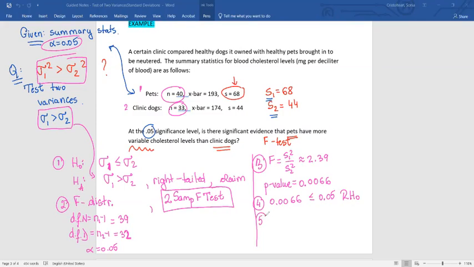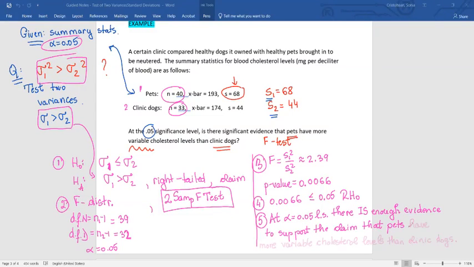So at step 5, I will say at alpha equals 0.05 level of significance, there is enough evidence to support the claim that pets have more variable cholesterol than clinic dogs. And this is how we conclude a two-sample F test.